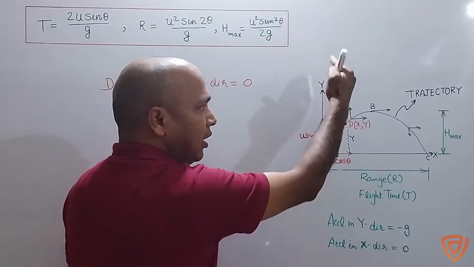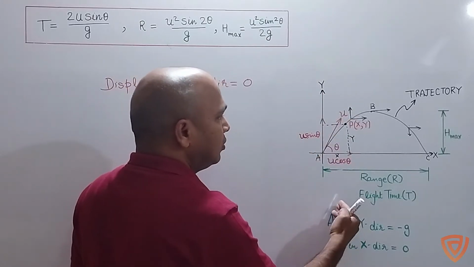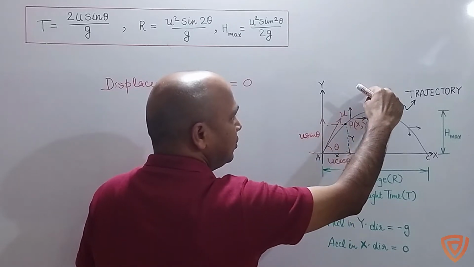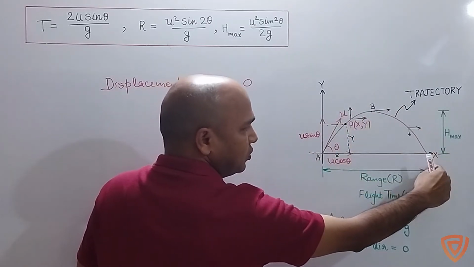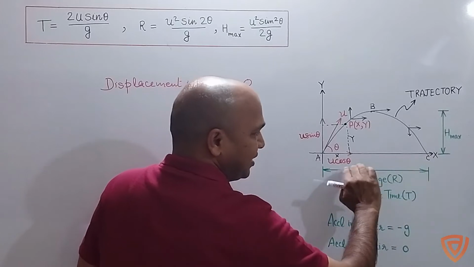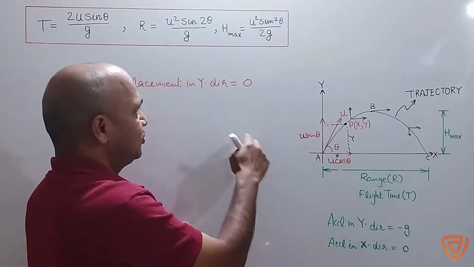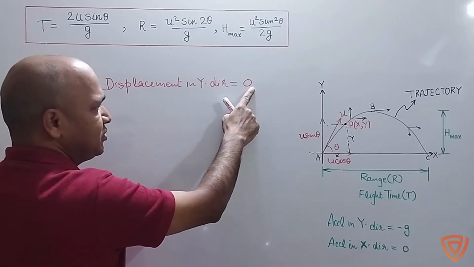It goes up and comes down. It starts from point A, goes up to point B and comes down to C. It is displaced in the x direction, but in the y direction there is no displacement, right? So the y direction displacement is 0.